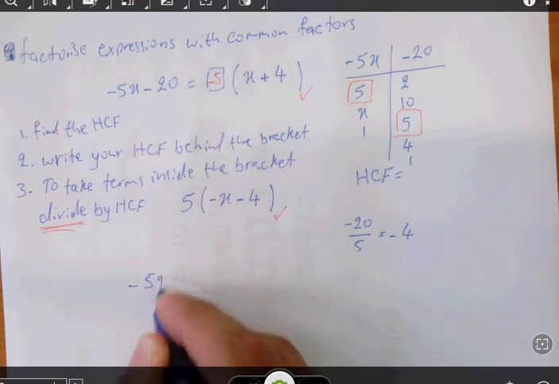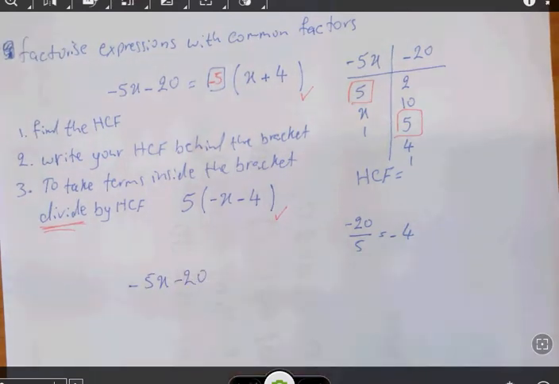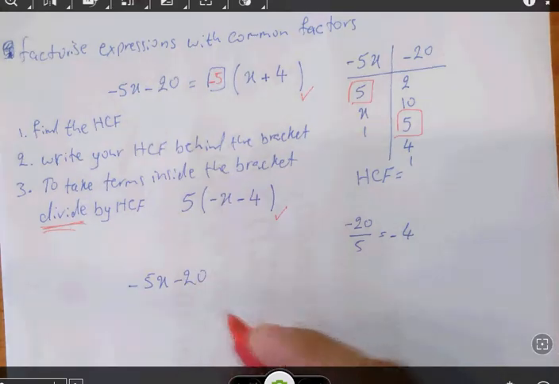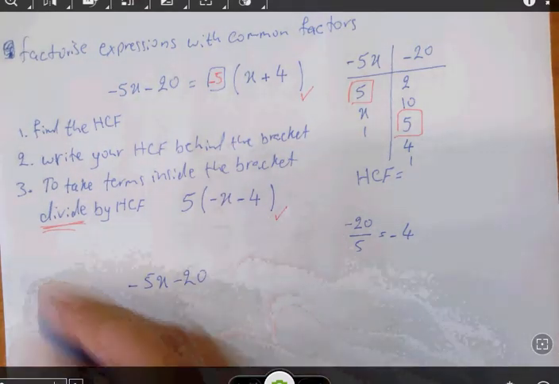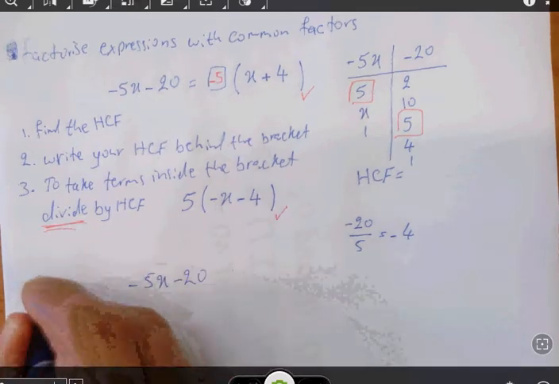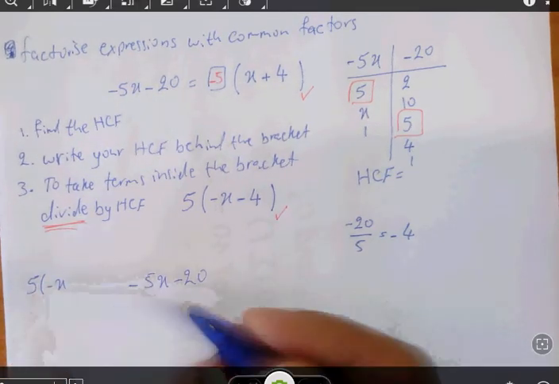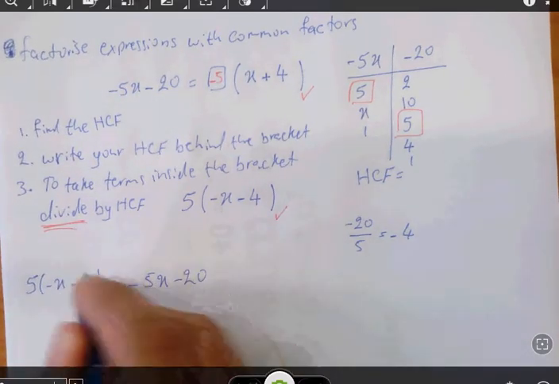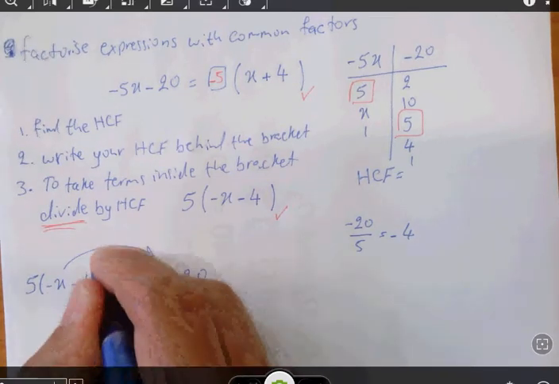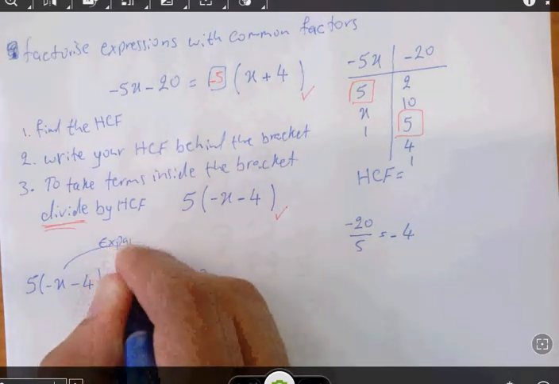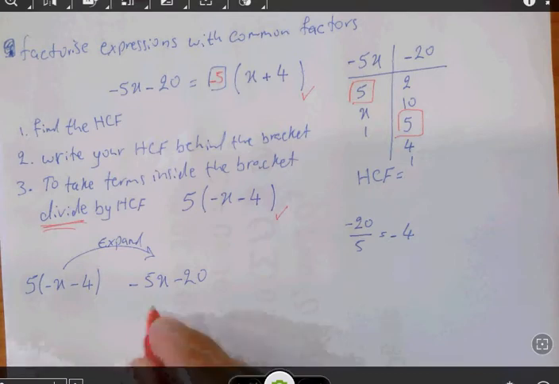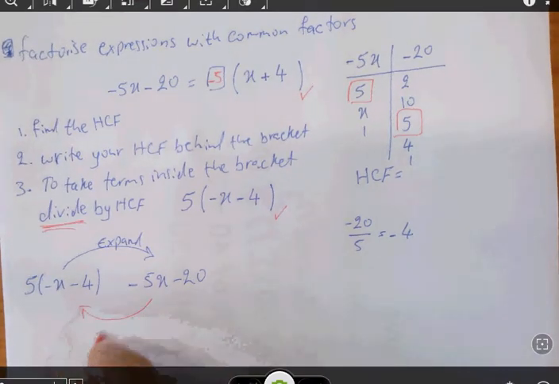So I'm going to write the whole thing here. Negative 5x minus 20, if I factorize from the other end, 5 times negative x minus 4. This is when I expand, and this is where I factorize.